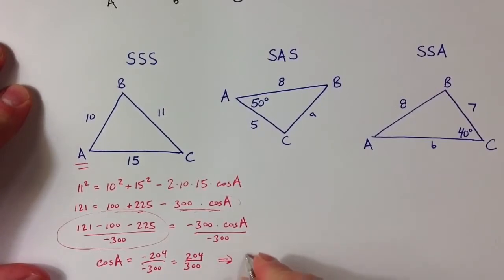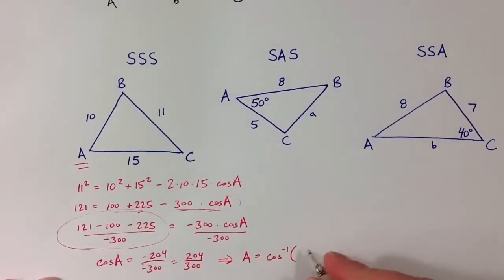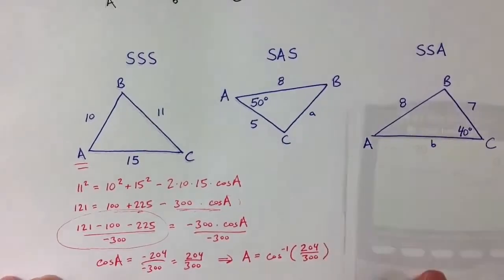That's a cosine ratio, which means angle A can be determined from the inverse cosine function, which takes a cosine ratio and turns it into an angle. So I'm going to take inverse cosine of that ratio, 204 divided by 300.